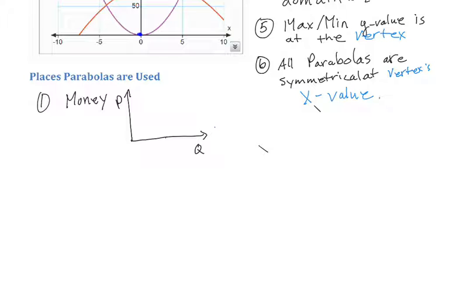If I could control my quantity, as we increase the price, the amount of money that I make increases. But as the quantity of stuff in the market increases, eventually we make too much and then the price starts to drop.